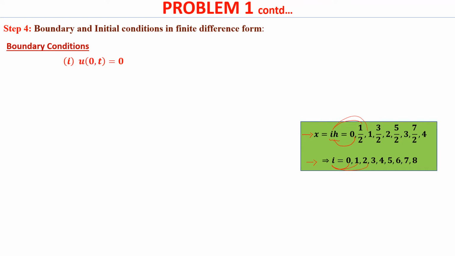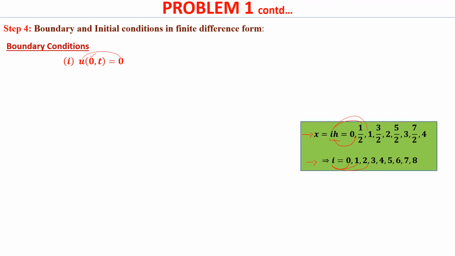The first boundary condition reads u of 0 comma t is 0. As you all know, this can be read as the temperature takes the value 0 when x is 0 for all time t. Let us put it in the argument form. The second step would be rewriting.